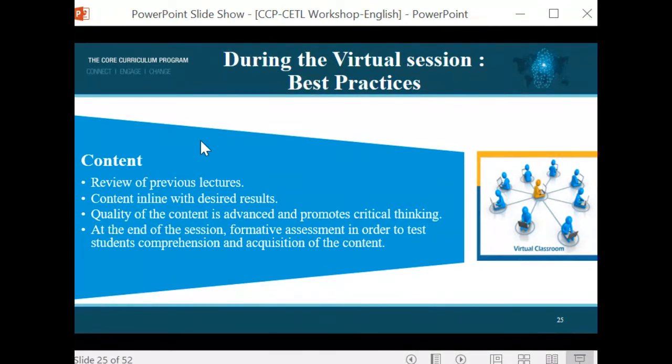Also, the quality of the content should be advanced and promoting critical thinking. And at the end of the session, it is better to perform a formative assessment in order to test the students' comprehension and acquisition of the content. It could be also a good tip in order to check if students were really present during the session.